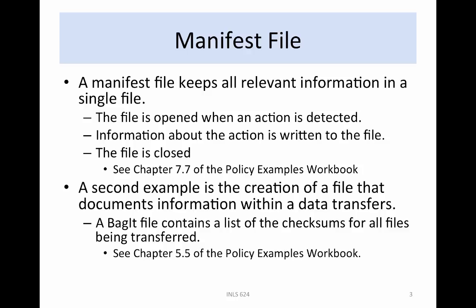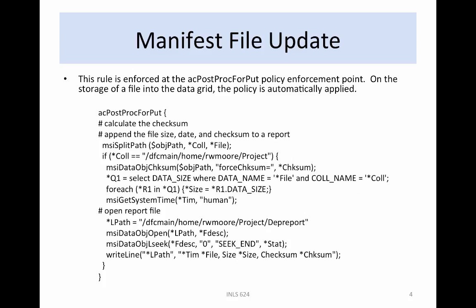Chapter 5.5. An example of a manifest file that records the deposition of every file into the project collection is shown here. The rule is applied at the policy enforcement point acPostProcForPut. The rule creates a checksum for each file and appends the time, the name of the file, the size of the file, and the checksum of the file to the manifest file.